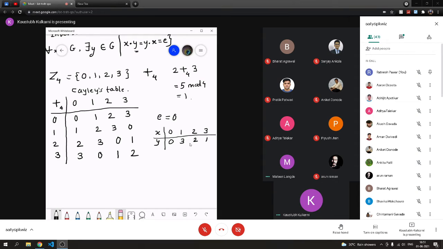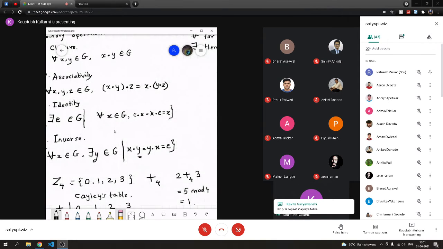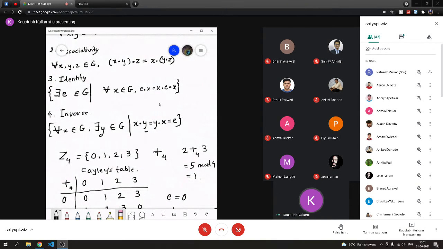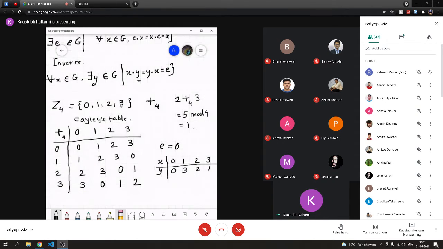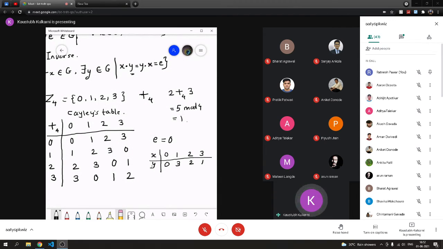Okay, so we are finding inverses. As we had used the alphabet Y for the inverse in this definition, I'm using Y here. So X are the elements and Y are their inverses. So element is 0. The inverse should be such that element plus its inverse should give the identity mod 4.